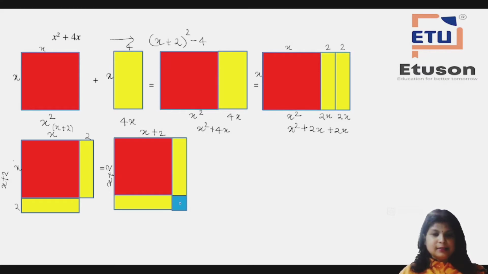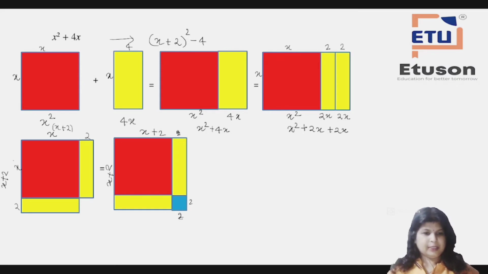What is the size of the small square? This is 2, right? So this is 2, right? I am not writing there, you will be confused. I will write here. So this is 2, right? And this value is 2, right? So what about this square? It is 2 square, right? So taking all the red color, yellow color and blue color into consideration, the entire figure represents a square with side x plus 2.